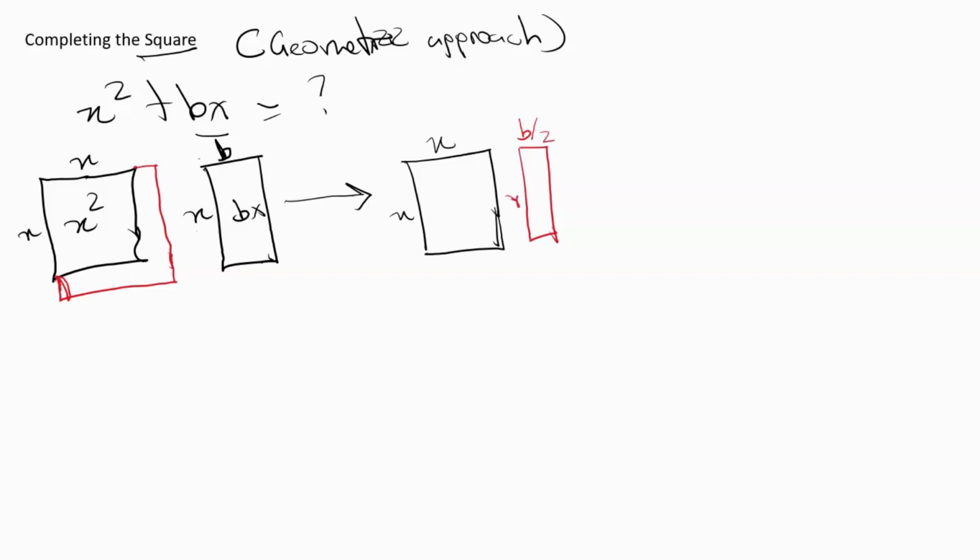This is x, and we're going to have another rectangle here, which is of b over 2 and length x, right? Because we split this rectangle into 2. So this results in a bigger geometric figure here, which now will look like this.